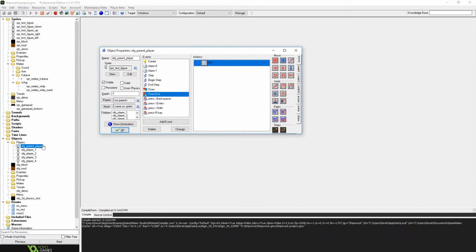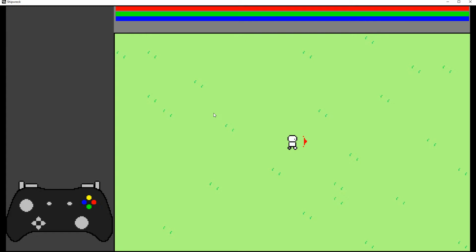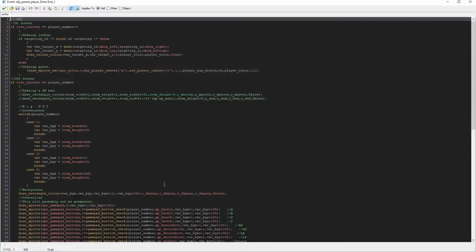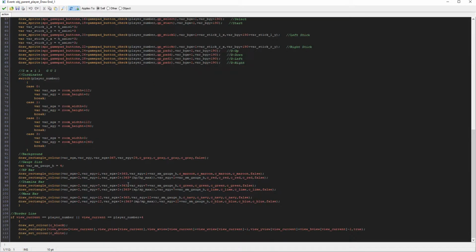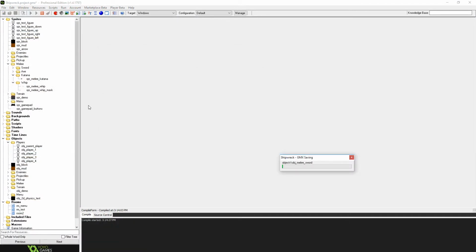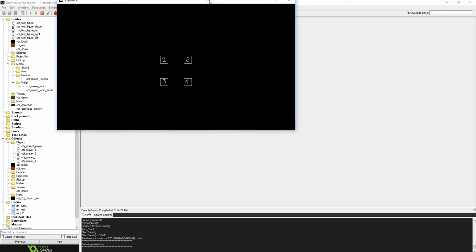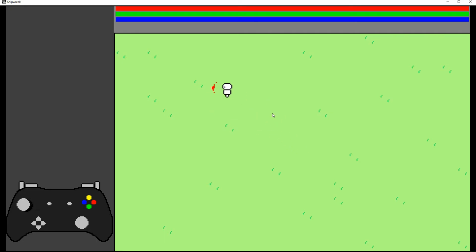Let's see how this looks. Almost. There we go, 1 pixel apart.